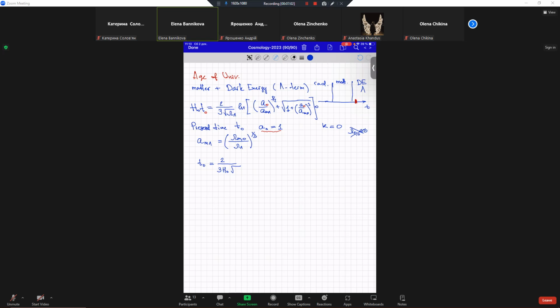It means that 1 is omega 0 total, equal to omega m0 plus omega lambda. From this we can find omega lambda, and express everything through one parameter, the relative energy density of matter: 1 minus omega m0.